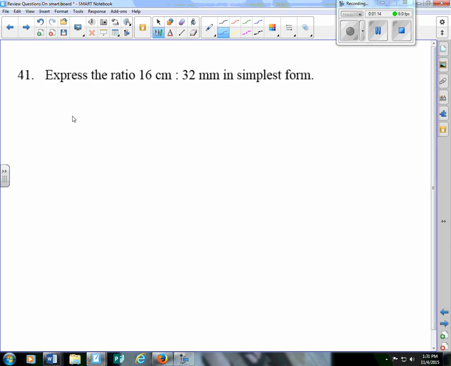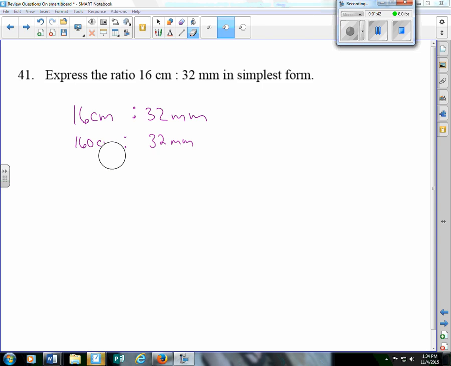Express the ratio of 16 centimeters to 32 millimeters. We have to change centimeters to millimeters, so that would be multiplying it by 10. So we've got 160 millimeters.